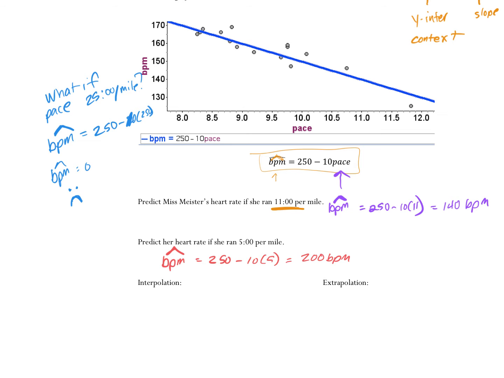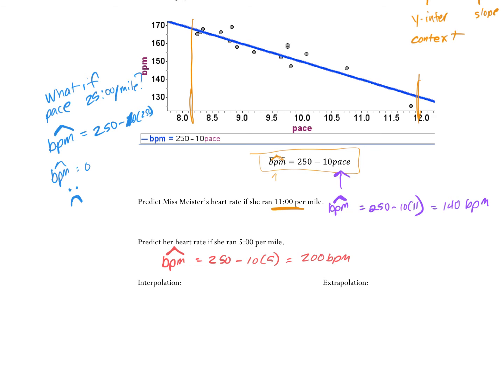When we look at the data set that we have, the paces right now are from like 8.25 to 12-ish, right? Is everybody with me? Our model is going to do a great job predicting in those ranges for the paces.